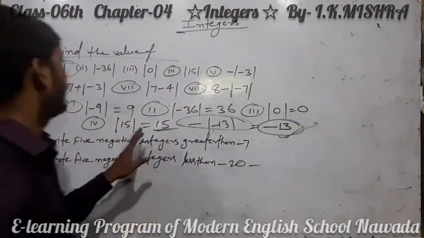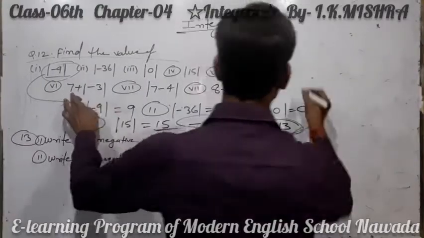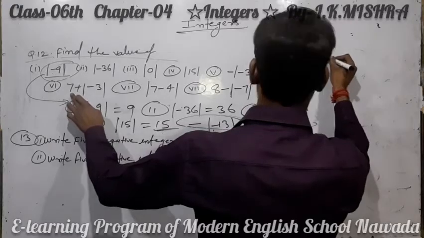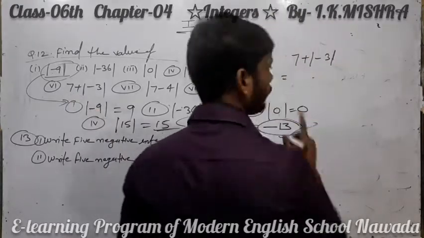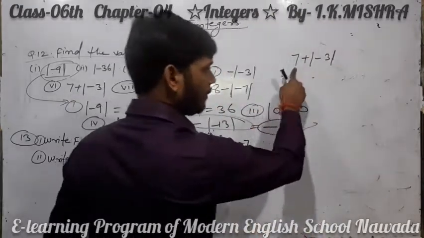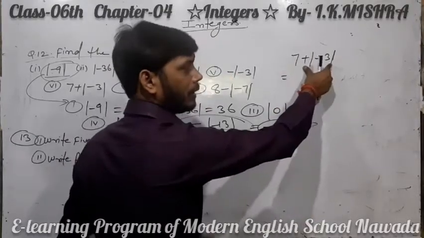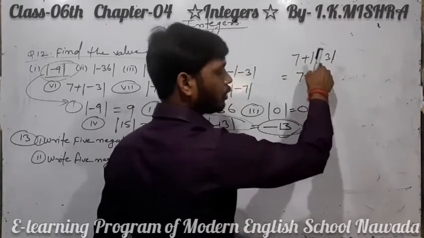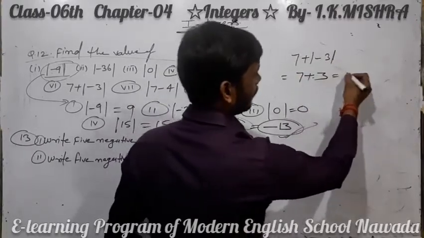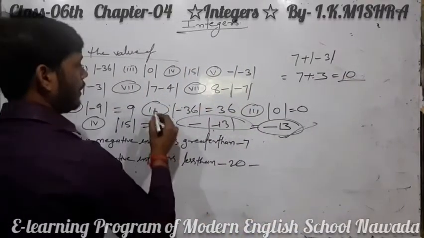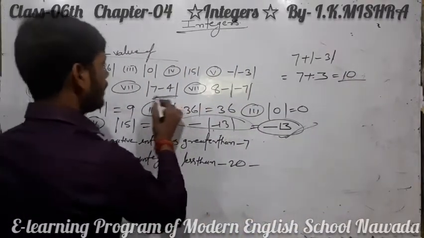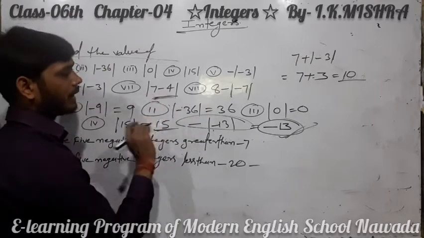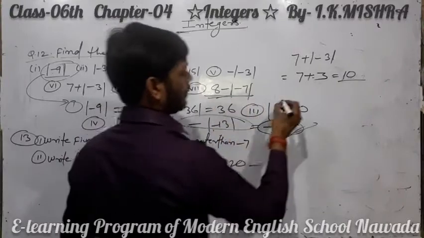After that students, here is a very important question, 7 plus mod of minus 3. Here students observe, 7 plus modulus of minus 3, the absolute value of minus 3 means 3, so it is equal to 10. Students, if you do this easily, here 3, the positive value, is taken. Students, discuss this question.